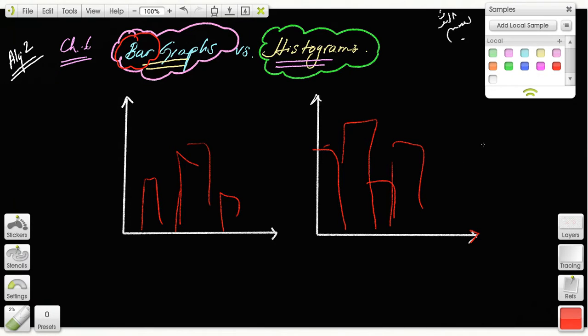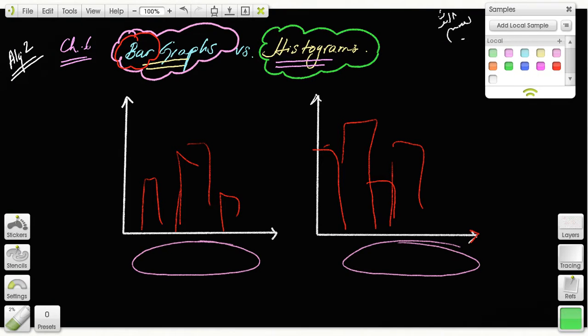So the critical difference between the two is actually what goes on the x-axis. It's very important to understand. In a bar graph, what goes on the x-axis are categories.